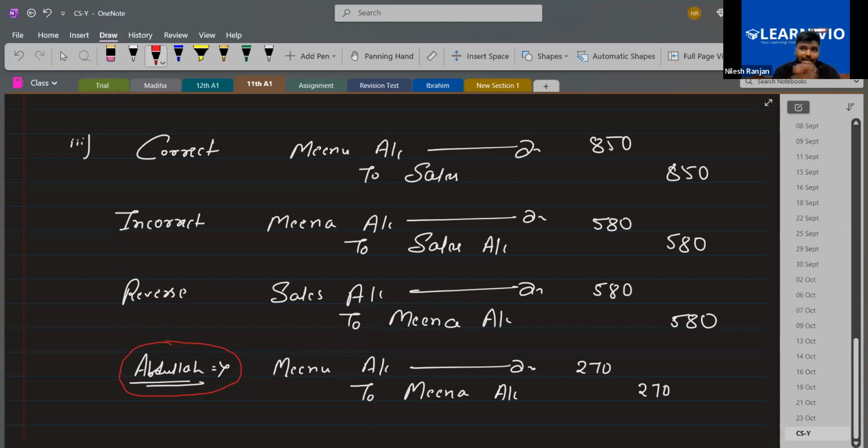If there is any account on the opposite side with the same amount, then we have to cancel it. After cancelling, whatever is left, we have to write in the journal entry. So what should we do here? Just think about it. Tell me your answer, either correct or incorrect. No problem with that, but you have to try.